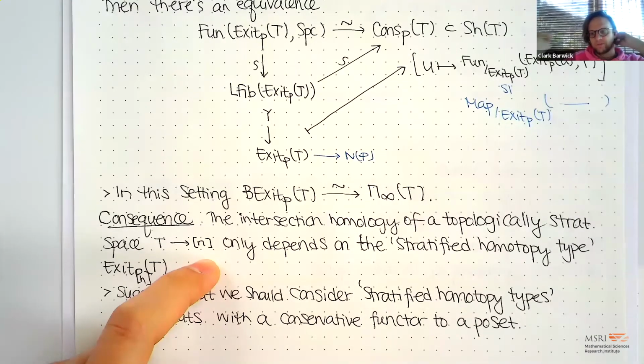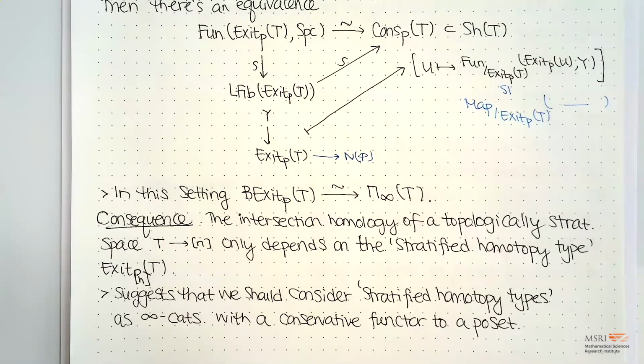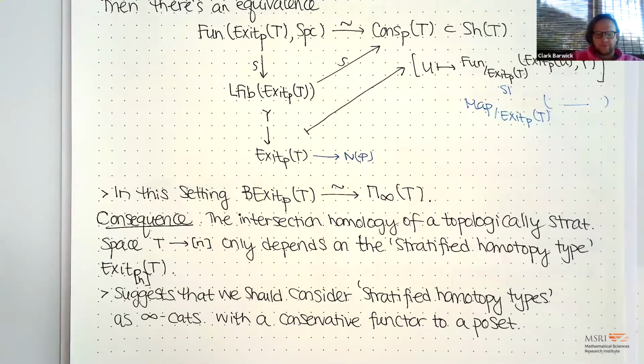So maybe pursuant to what Aaron was saying, this perversity function, the thing that defines a t-structure on the category of constructible sheaves, of spectra or whatever, is again something that's expressible exclusively in terms of the exit path category.